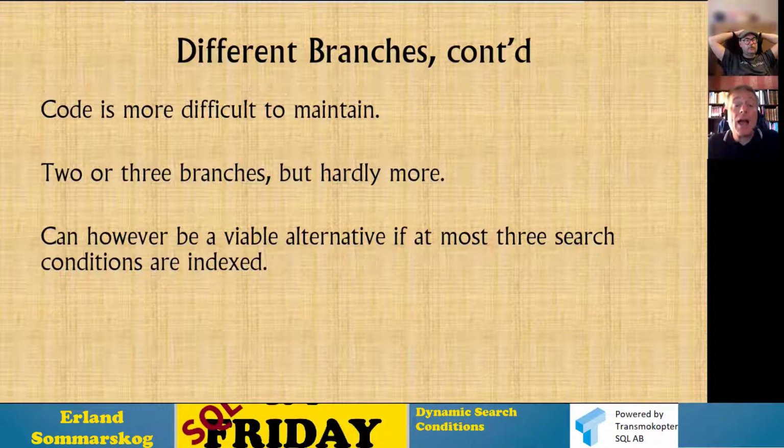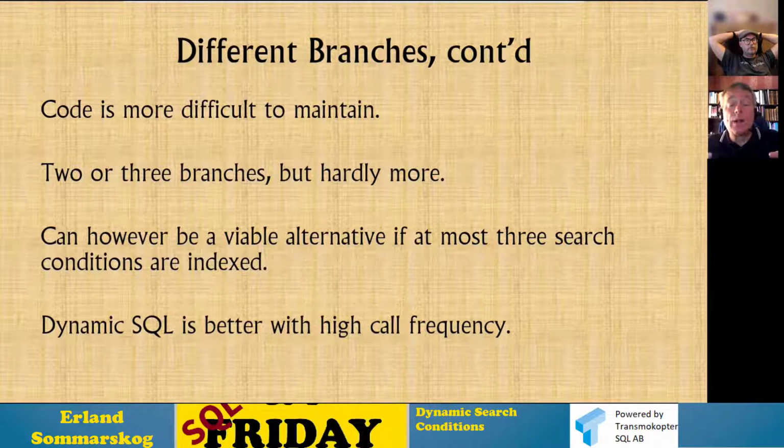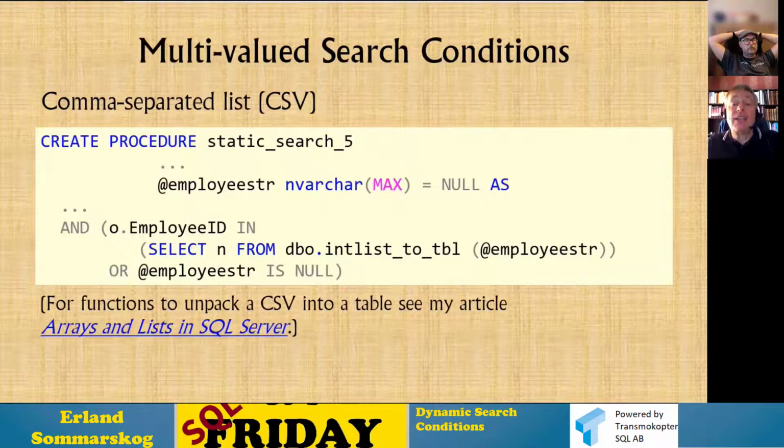But most of the time, when you do this, you have indexes on all search columns, or most of them. So you want the correct index to be used. But normally, though, if you have a high call frequency, if that is a concern, well, dynamic SQL will be your friend for reasons that I will return to later on. So far, we have looked at scalar search conditions, one customer, one city, etc.